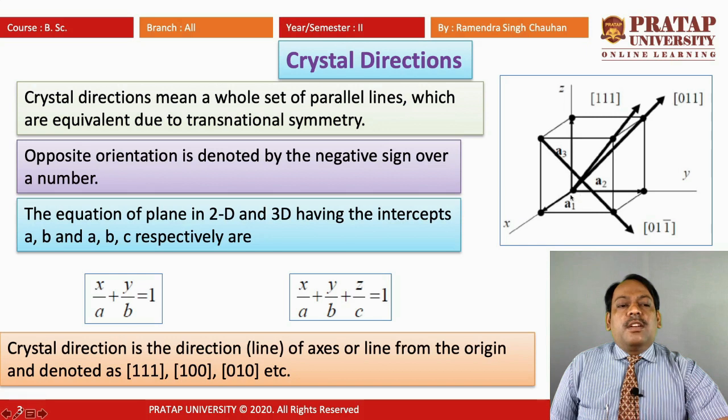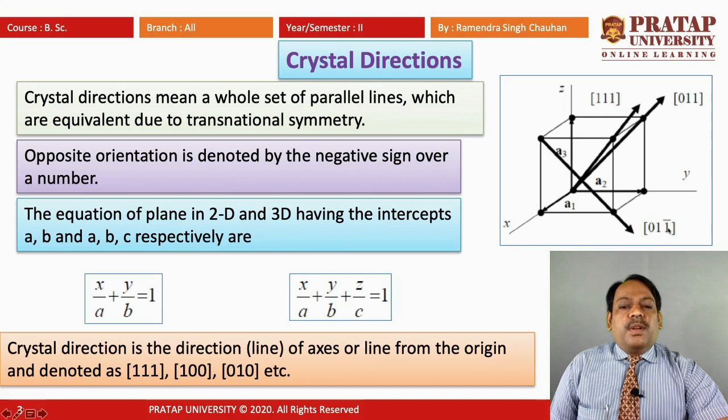And here we can determine how these planes are decided, that is, they give the intercepts a, b and c. Those intercepts we are using, and the reciprocal of those intercepts is used. If there is any intercept that is negative, then we put a bar over the number.